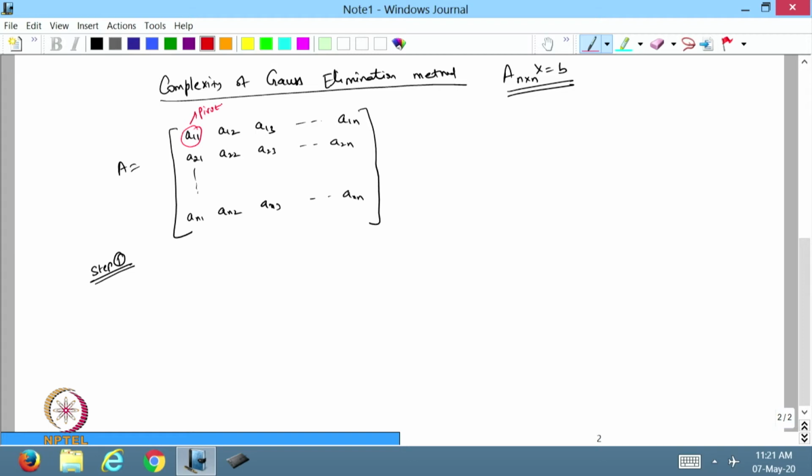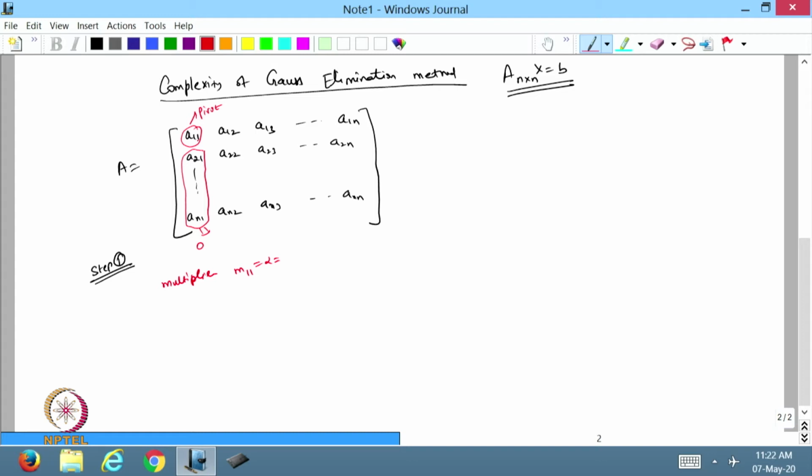I will use this pivot to make all the elements below it 0. So, this one I want to make 0. For that I will take the multiplier, which we have already discussed. I will call it m11, or maybe I can call it alpha.